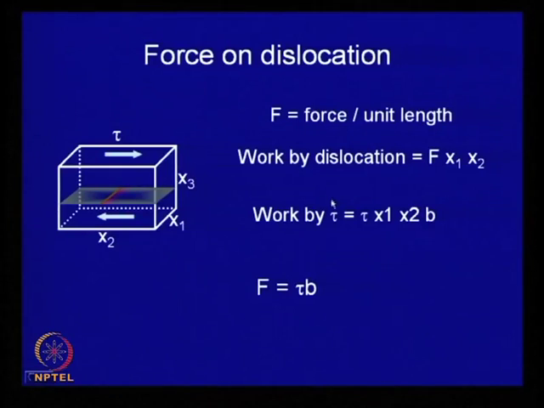So, tau times this area is the force acting on the slip plane and the displacement is b. If you equate the two, x 1 and x 2 cancel out. So, the force acting on the dislocation is equal to tau b, and this is a very important expression, and we will often be referring to this in subsequent lectures.